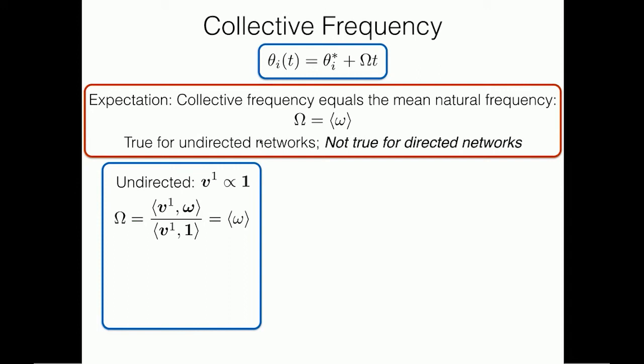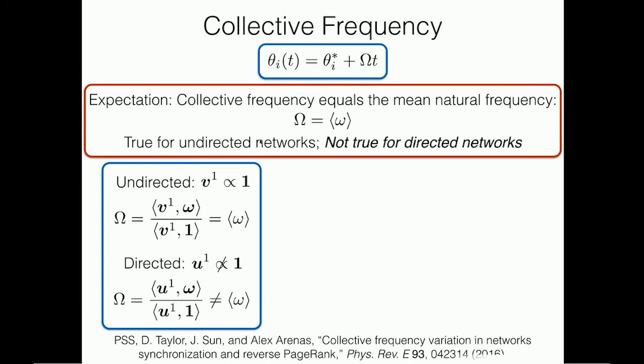Now, in the directed case, we don't have that eigenvector anymore. We have that first left singular vector, and that is not constant. And when you use that in the same way, what you effectively get is a weighted average, not a mean. And so the actual frequency with which your network is going to move after it synchronizes is not equal to the mean natural frequency.